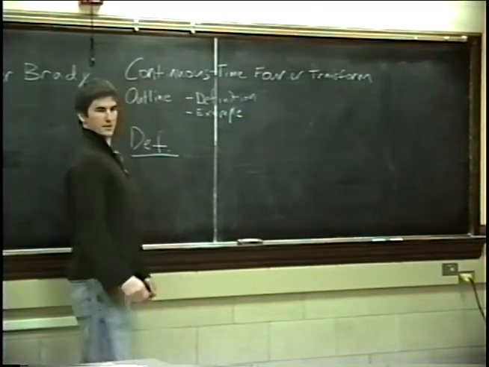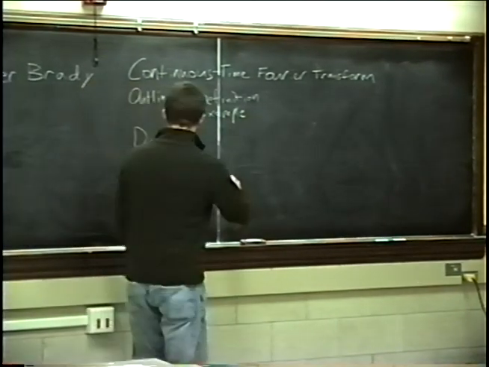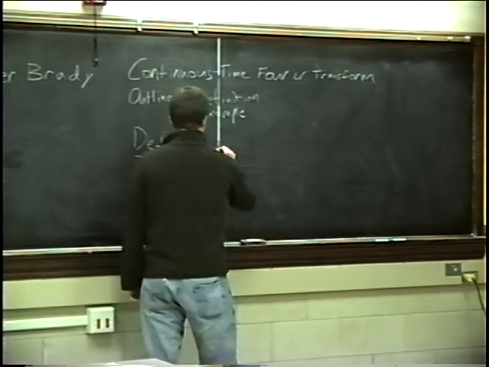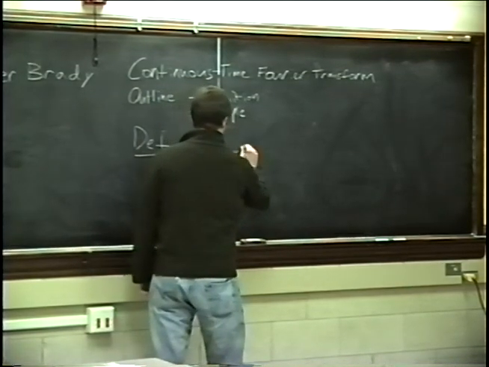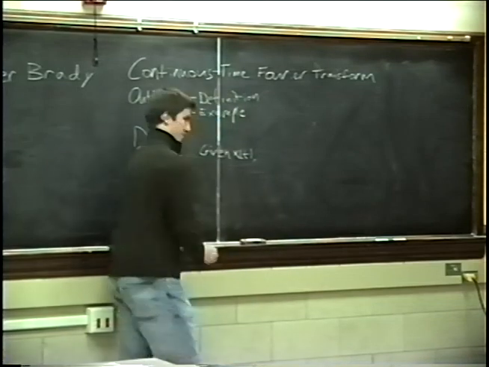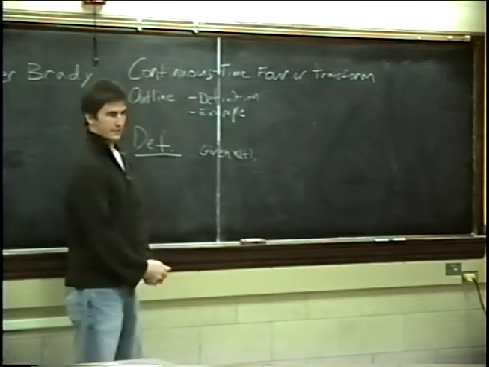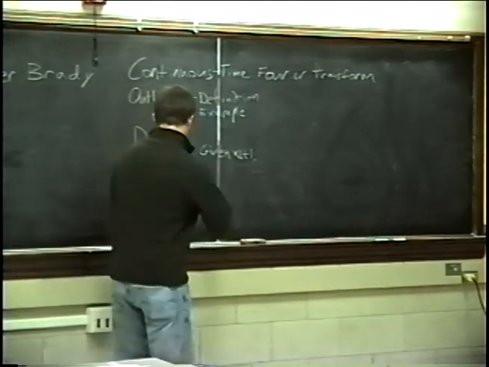Given a continuous time signal x of t, the continuous time Fourier transform x of omega is defined as follows.